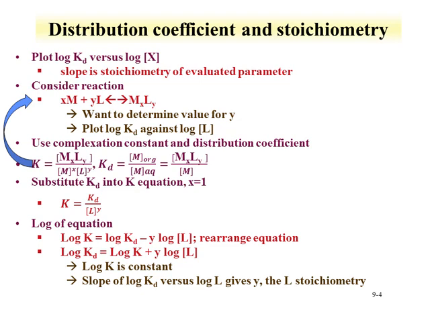If we just take the log of the equation, that's the log of K is equal to log of KD minus Y log L. We just rearrange this equation where the distribution coefficient, the log of that value, is equal to log of K plus Y log L. The log of K is constant since this is a complexation constant, and we wind up getting that the slope of this value is Y for the stoichiometry of L.